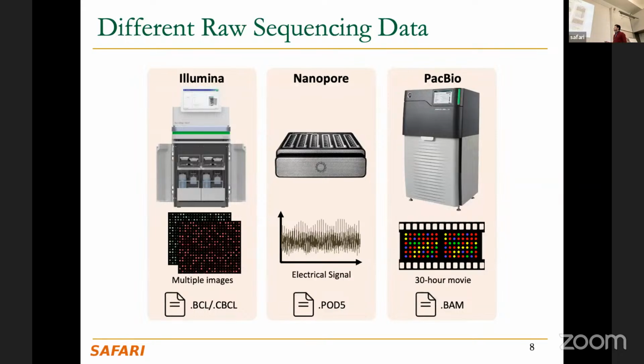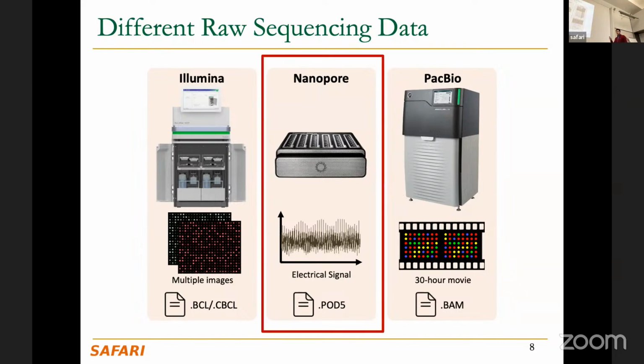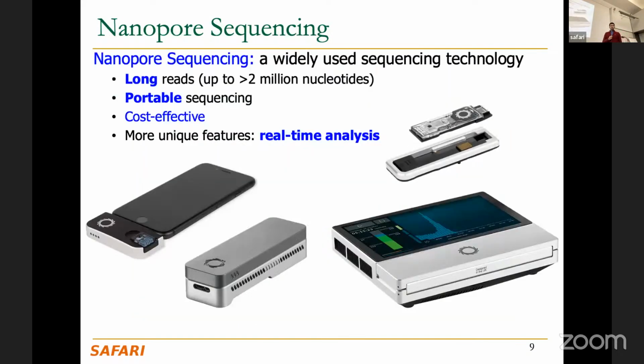So these are the three main types of sequencing technologies, and they generate different types of raw data, which are usually then translated into the bases of DNA characters, ATGCs, right? And today, we're mainly going to focus on Nanopore, due to its unique benefits that we're going to explain now.